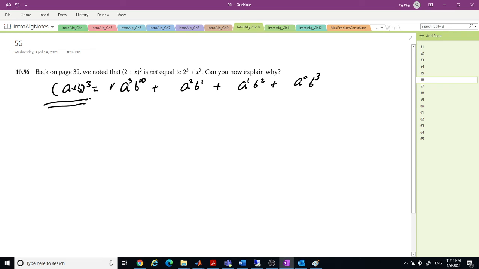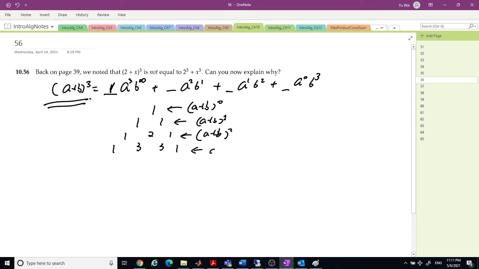For the coefficients here, okay, it is Pascal's triangle. 1 is the coefficient of a plus b to the 0, 1, 1 is the coefficients of a plus b to the 1, 1, 2, 1 is the coefficients of a plus b to the 2, 1, 3, 3, 1 is a plus b to the cube. So that's why you can see it's 1, 3, 3, 1.